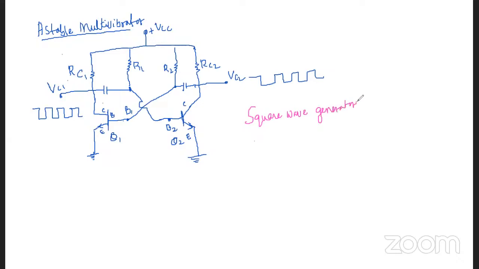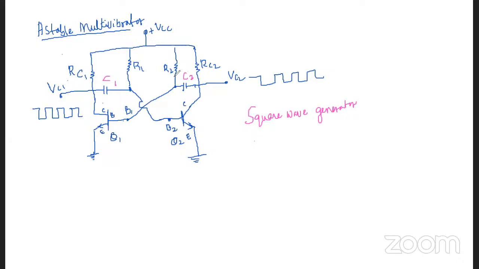Right. So an astable multivibrator is basically a two-stage RC coupled amplifier with two identical transistors put back to back here. So this is one capacitor, C1 we will call. This is another capacitor C2.